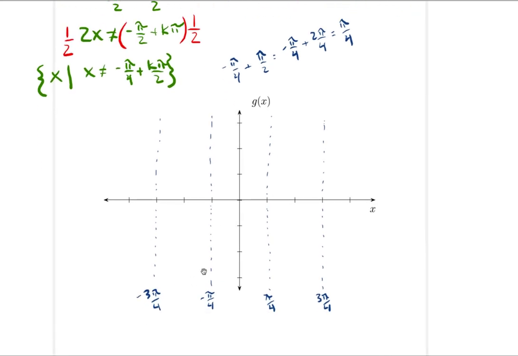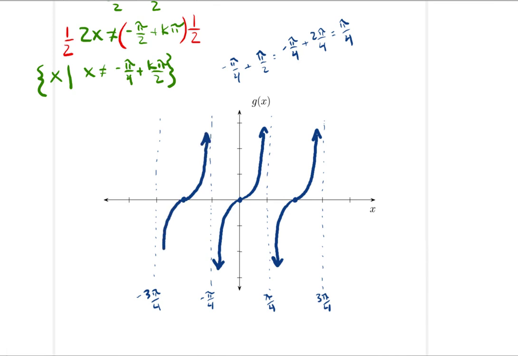So it's actually going to look a little bit more like a tangent graph because it's been vertically flipped. All right. And there's our graph of that transformed cotangent function.